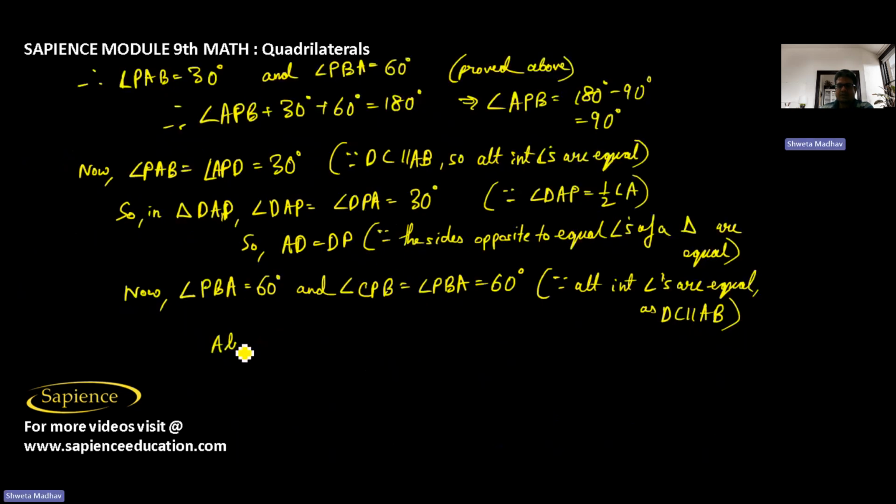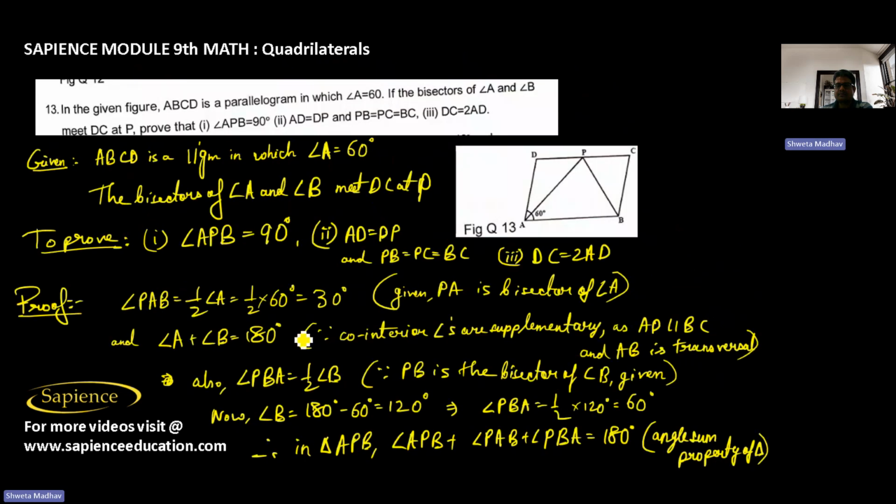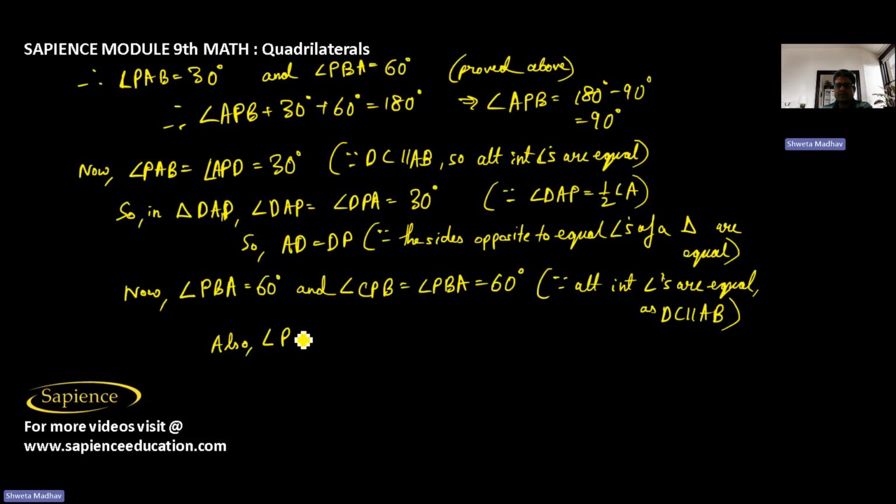Also, we can say that angle PBC is equal to half of angle B, which is 60 degrees, as obviously PB bisects angle B, which is given.